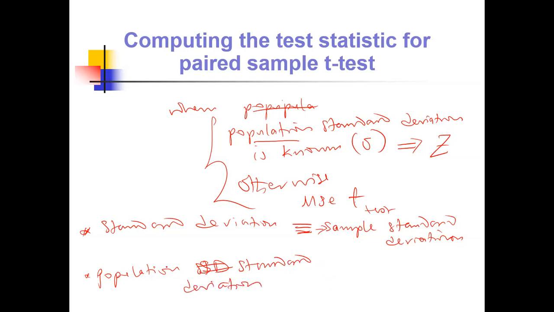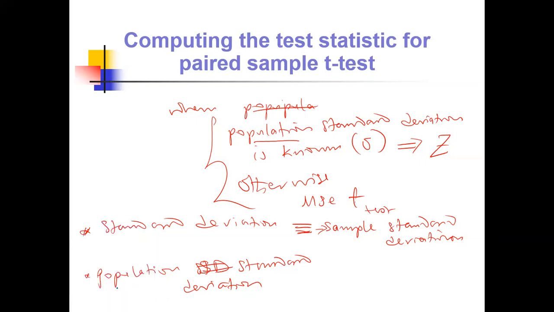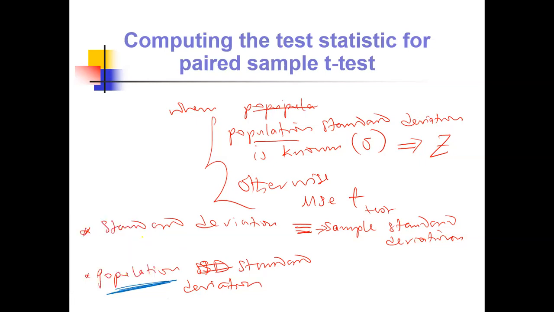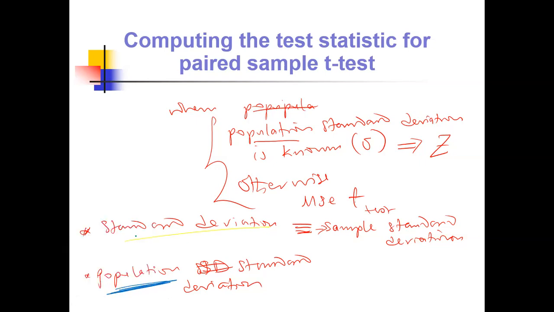If you don't see the word population, then it's not population standard deviation. If it just says standard deviation, then take that to mean sample standard deviation.